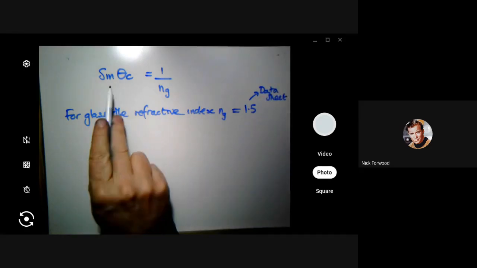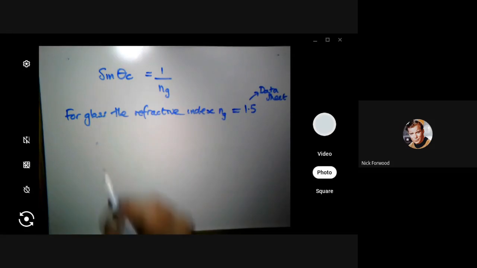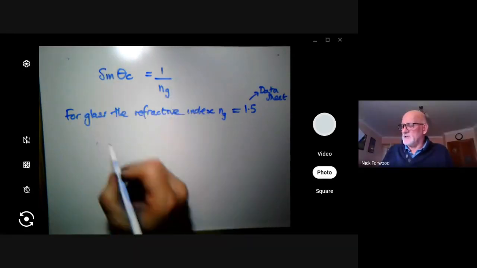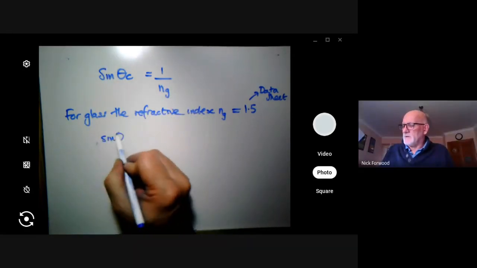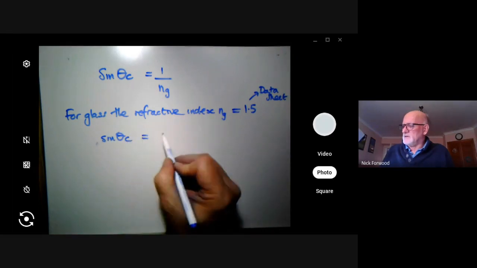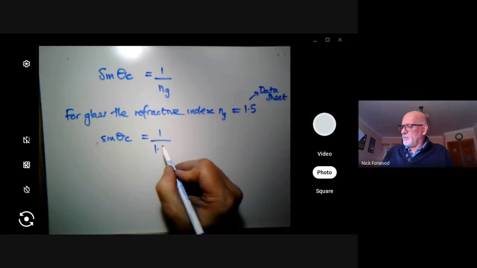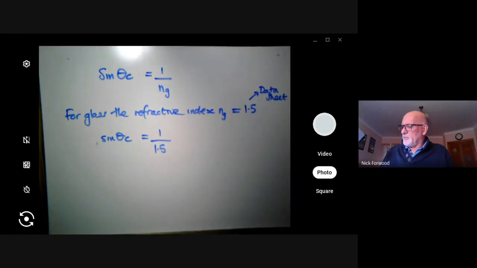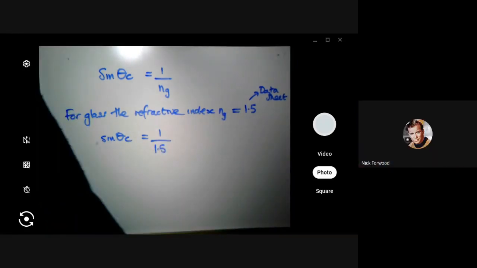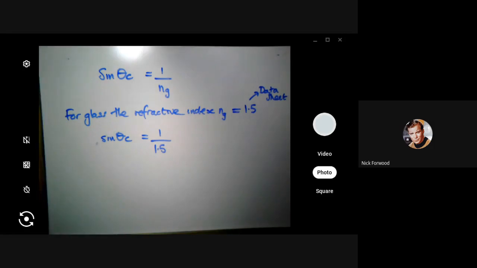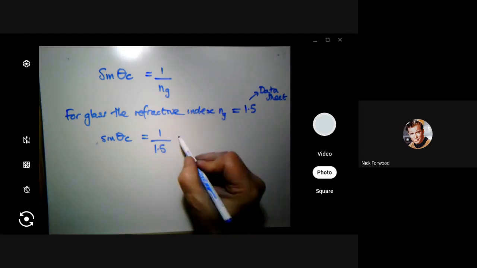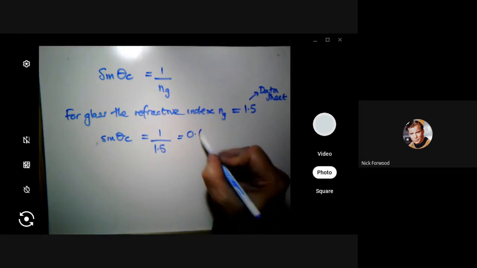So what is the critical angle? I'll take that formula from the data sheet. Sine theta c is equal to 1 divided by 1.5. So I'll take my calculator and do 1 divided by 1.5 equals, and that is equal to 0.6666.